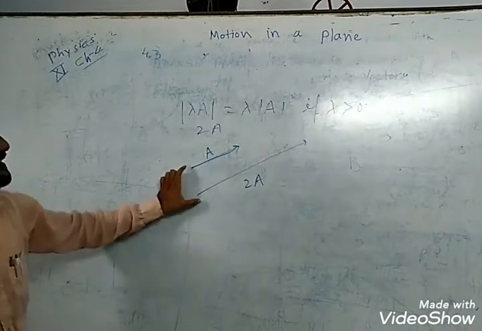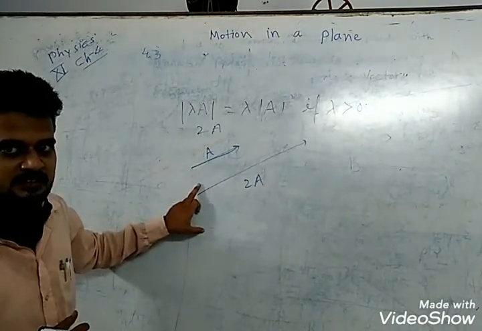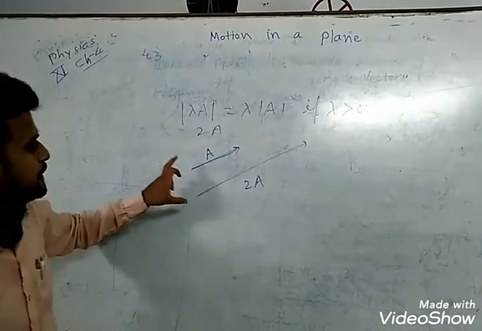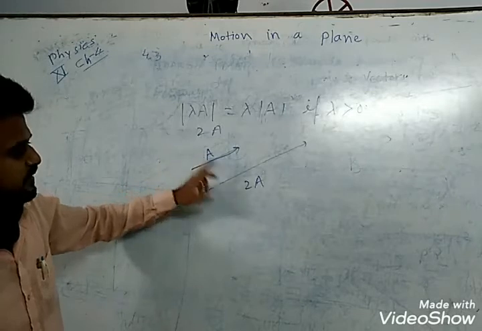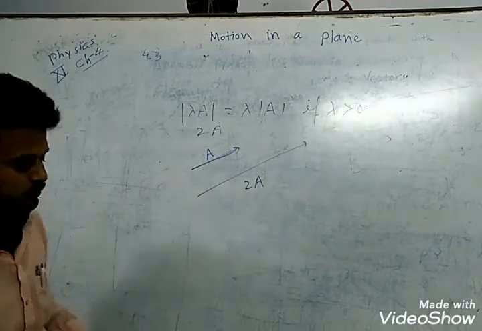In 2A, the direction of the vector is the same, and the magnitude is double compared to the original.